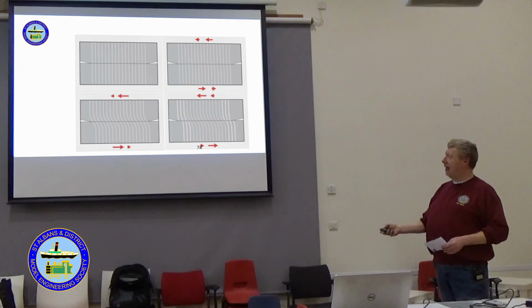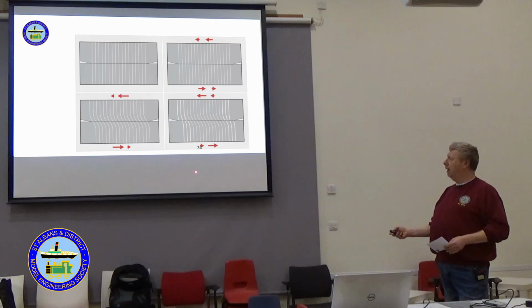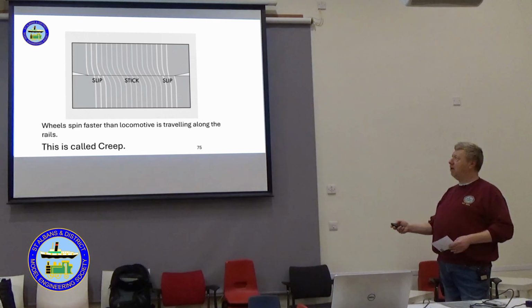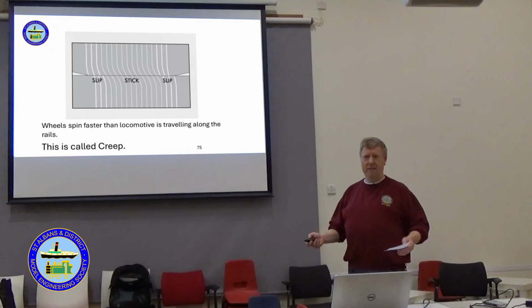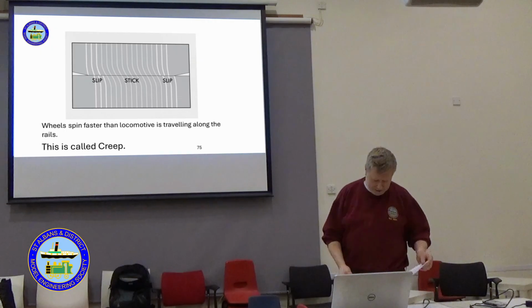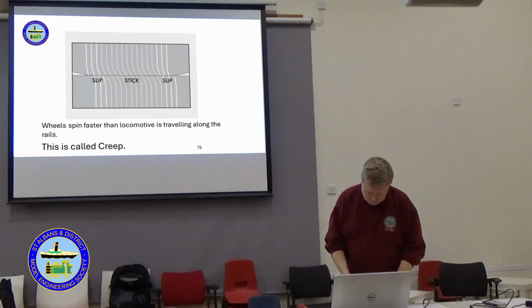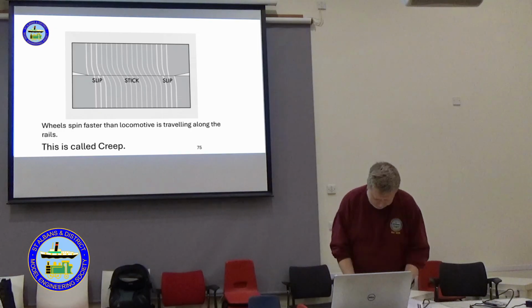If you exaggerate that, it starts to slip more and more until it lets go. So at the front you get slip, the back you get slip, and in the middle you get stick. Does that make sense? Glad that makes sense to you.